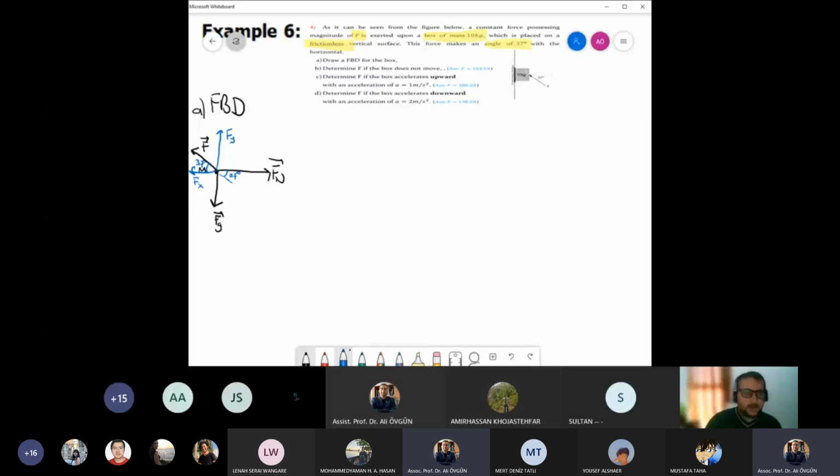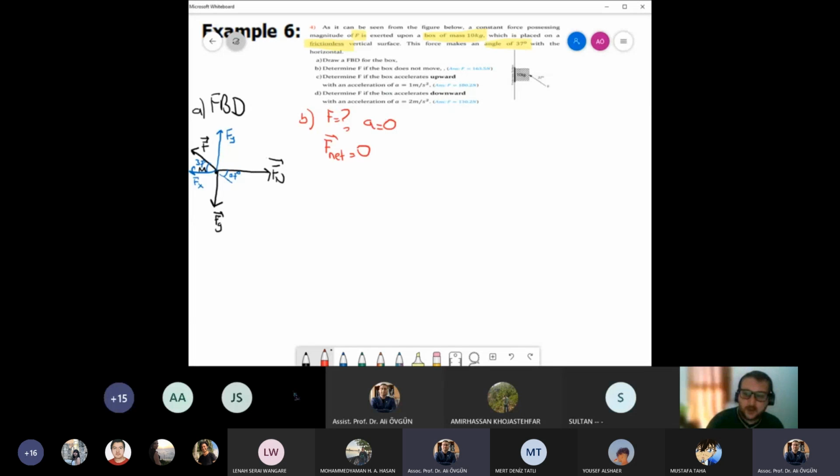After you draw the free body diagram, now you can solve part B. In part B, what they said, find F if it is not moving. So if the acceleration is 0, F net is equal to 0. So how can you solve it?